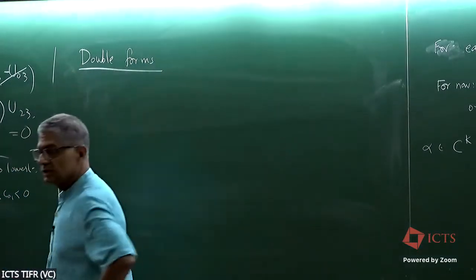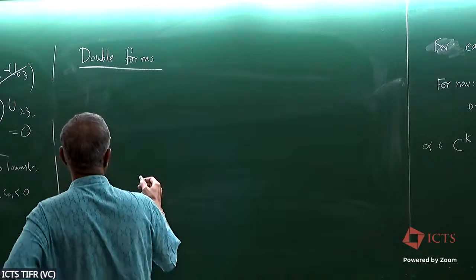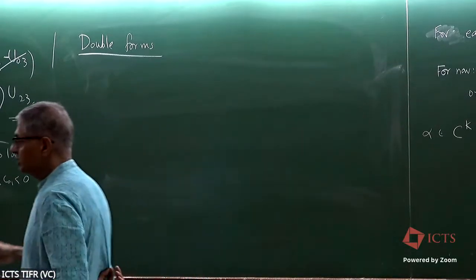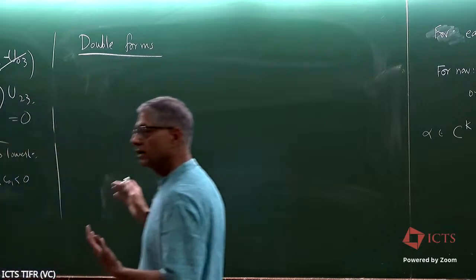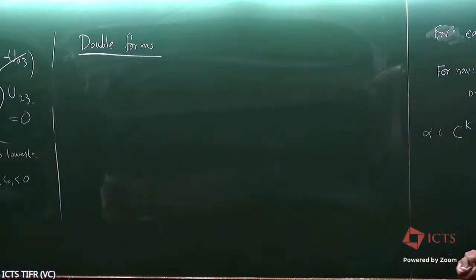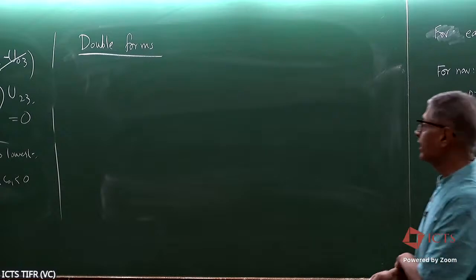So double forms were introduced by D'Arcy in the 50s, and they have been used in geometry analysis in many places. And an Indian mathematician, Shripad Kulkarni, wrote very beautiful papers. There's one called On the Bianchi Identities, where I learned about this name, double forms. We were calling it something else.